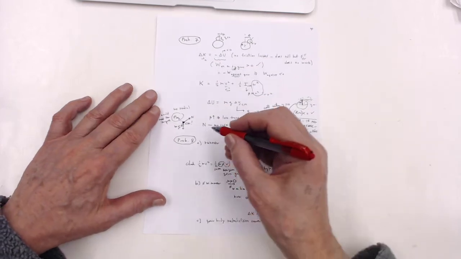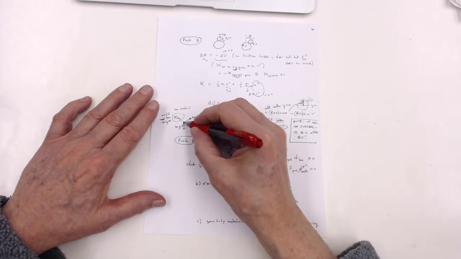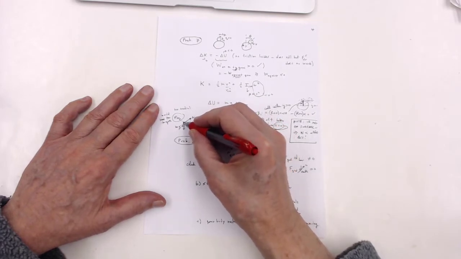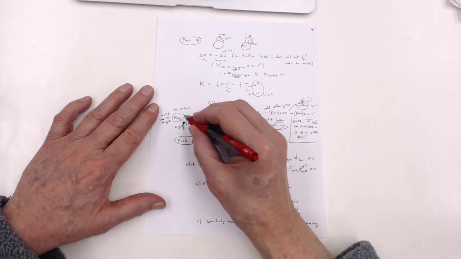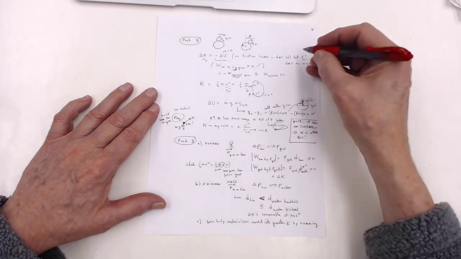Let's go to the free body diagram for this, the center of mass. I've got a normal force, and I've got gravity down, and I also do have force due to friction because it's rolling without slipping. But that force due to friction, there's no power.